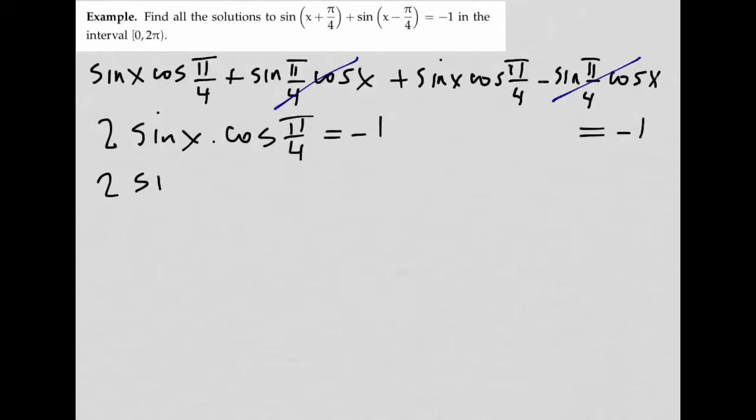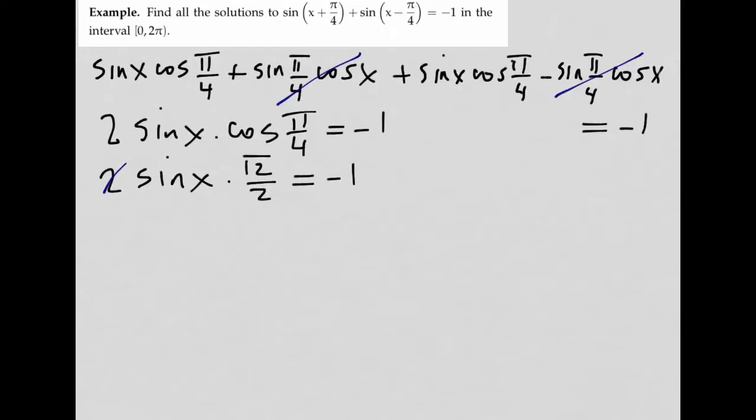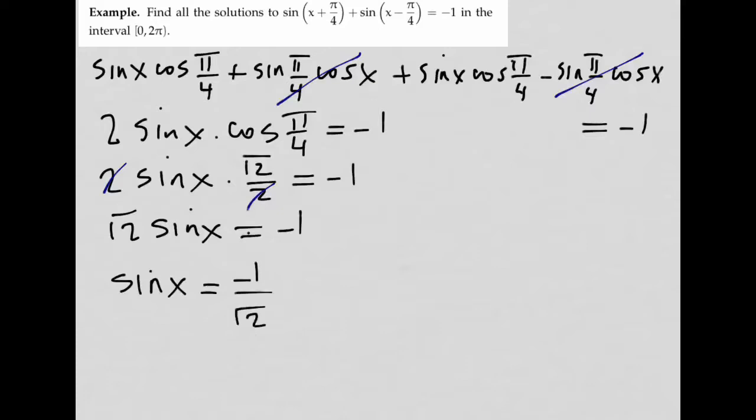Cosine pi over 4 is root 2 over 2, so 2 sine x times root 2 over 2 equals -1. Notice the 2's cancel. So we have root 2 sine x equals -1, which means sine x equals -1 over root 2.